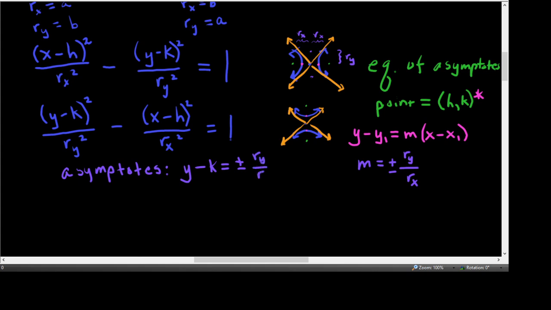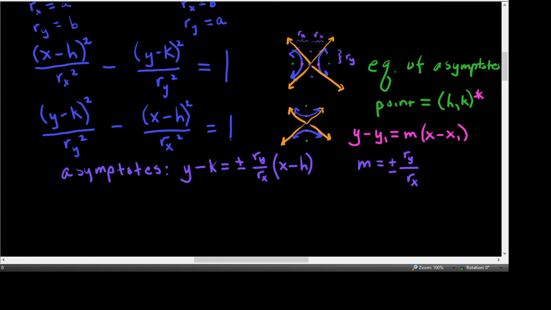So of course we're getting two lines here with the plus or minus. We're getting 2 for the price of 1, times the quantity x minus h, which is the x-coordinate of our point, the center. All right, so that's something you need to memorize right there.